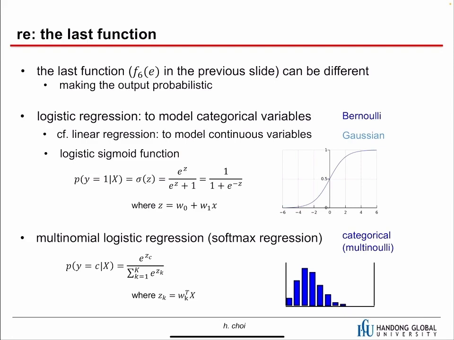We already talked about this sigmoid function and softmax in the regression chapter. As I said already, for logistic regression, we want to model the categorical variables, and in linear regression, we want to model the continuous variables. And if we have multiple classes, then instead of just the simple Bernoulli, we can use categorical distributions based on this softmax.